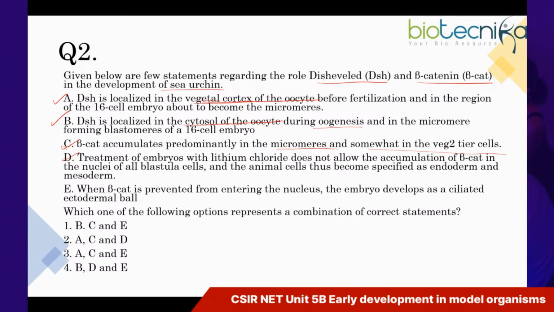D says if you treat with lithium chloride, it does not allow accumulation of beta-cat. And E says if beta-cat is prevented from entering the nucleus, the embryo develops as a ciliated ectodermal ball. So you already know the concept. All you have to do is now apply it and tell me the correct answer.